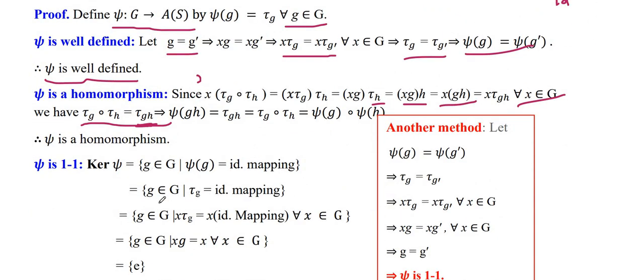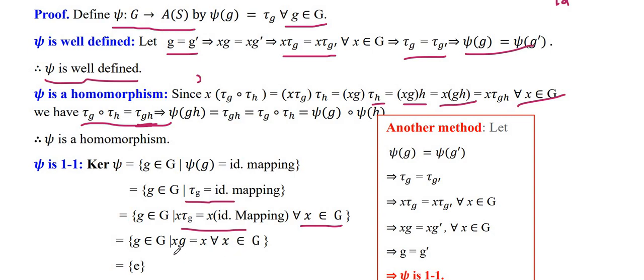Now this is the set of all G in G such that psi of G is tau G, that is the identity mapping on S. Now this is the set of all G in G such that x tau G, because the mappings are equal, the images must be equal for every x in the domain of tau G. So you have for every x in G, we have this to be true. So the kernel psi is nothing but the set of all elements in G for which xG equals x for every x in G.